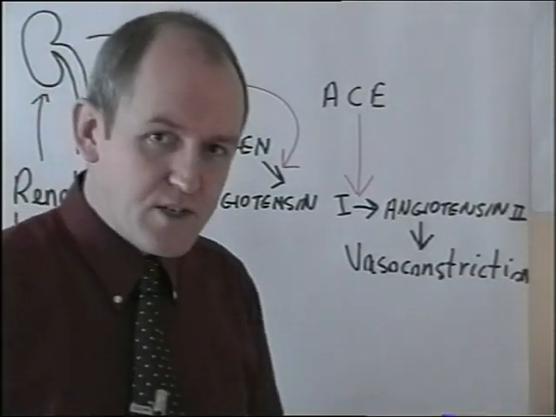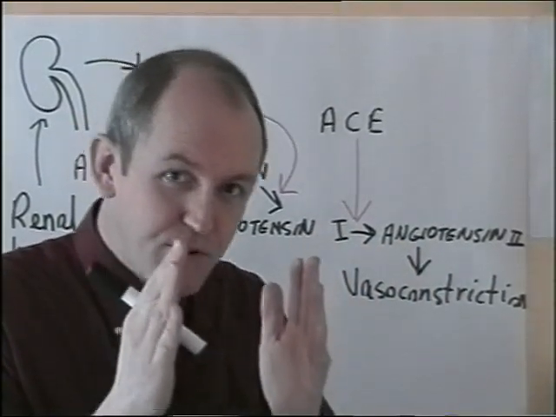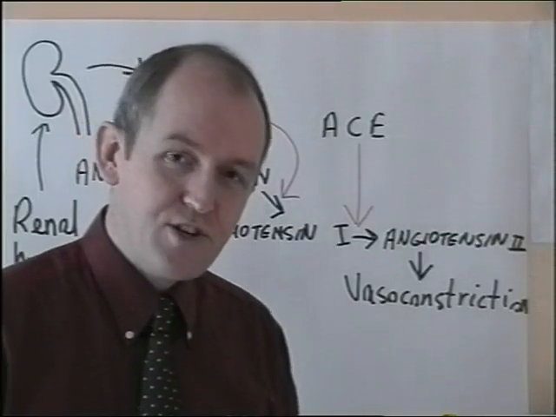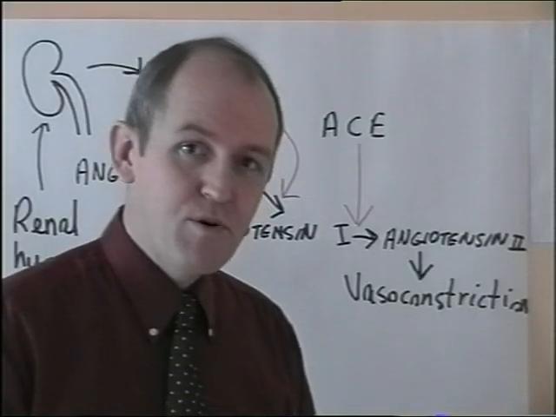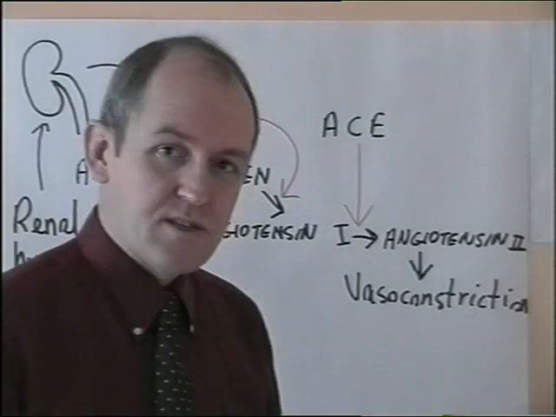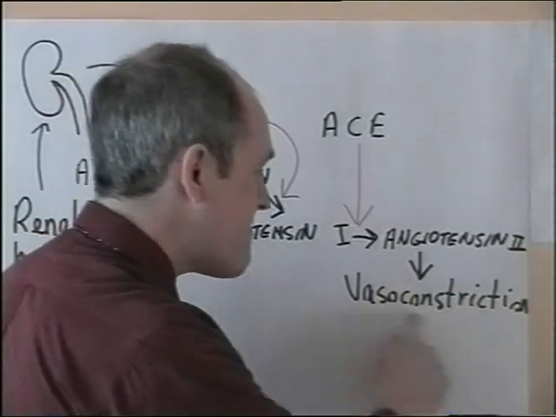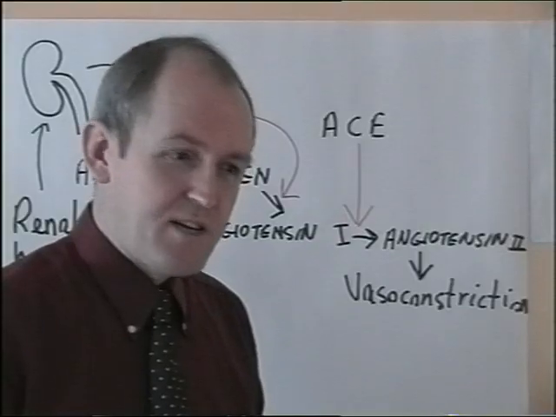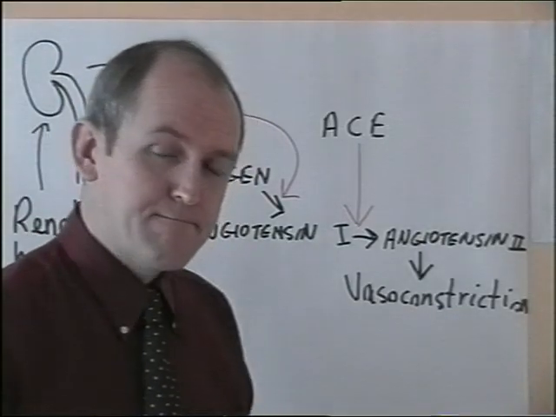If you vasoconstrict the arterioles, if they get smaller, you will increase peripheral resistance, and that will result in an increase in blood pressure, because blood pressure equals cardiac output times peripheral resistance. And angiotensin 2 is a very, very potent vasoconstrictor. It is a very effective vasoconstrictor, so it can raise blood pressure really quite a lot.